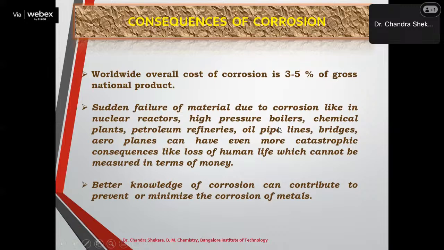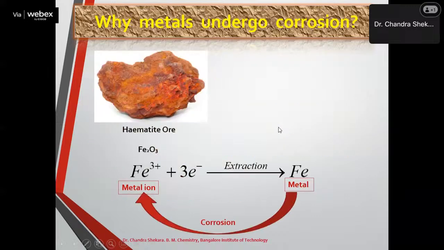In this particular part, we'll discuss about the corrosion, why metals undergo corrosion, and under what mechanism metals undergo corrosion. First of all, see, we use several different types of materials. Among all those materials, one of the most widely used materials is metallic material. We use metallic material everywhere, mainly because there are a few properties that we have in metallic materials, and those properties we cannot find in any other material.